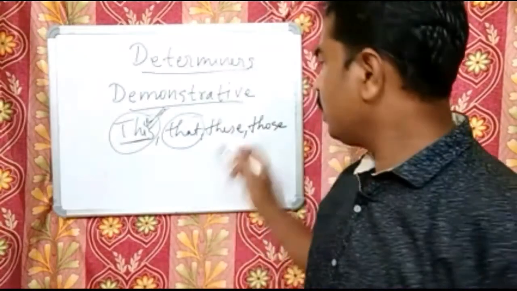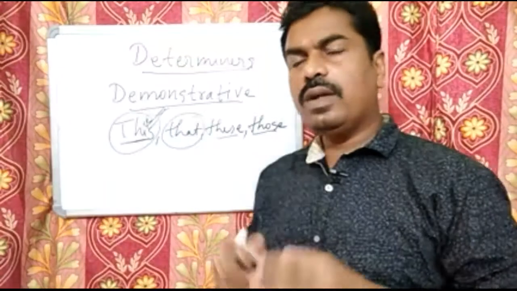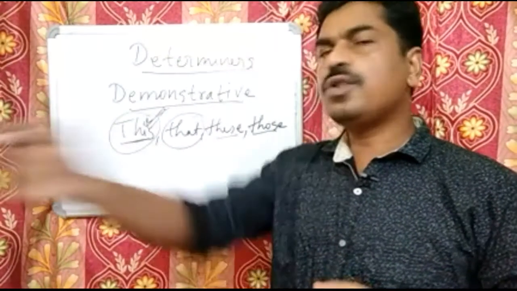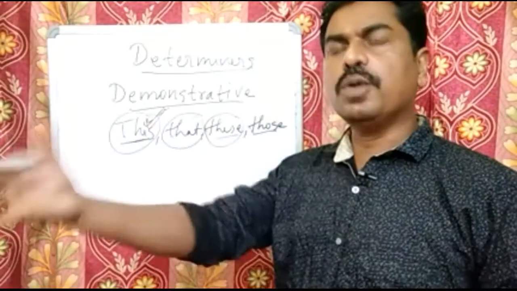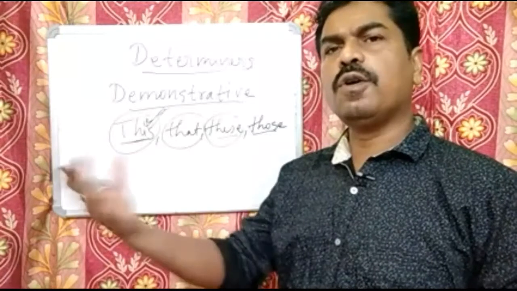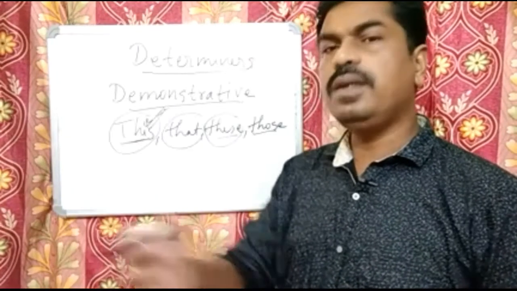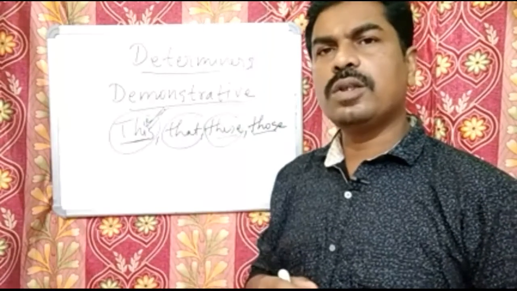Now coming to the next two, these and those. If I'm talking about things in plural and they are close to me, then I'll say these. Bring me these books, maybe 2, 3, 4, 5, and those books are lying very close to me, so I'll say bring me these books. Bring me these sweets.